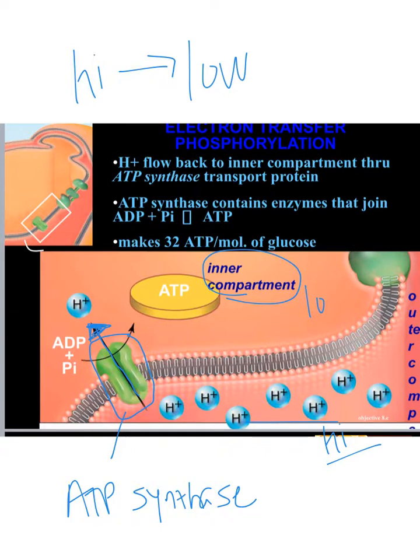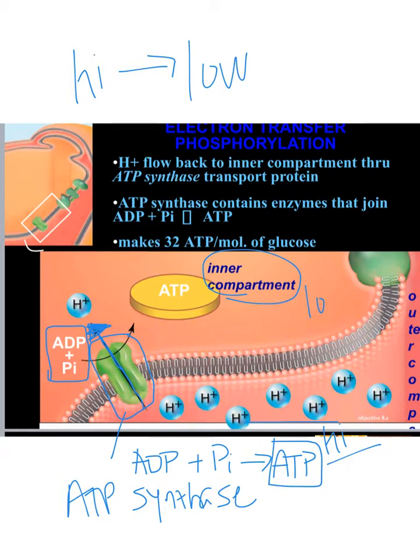So hydrogen ions are going to flow through this enzyme to sort of even out the concentration gradient. As they flow through, they cause this reaction to take place: ADP plus a phosphate. So we have adenosine diphosphate plus an additional phosphate yields ATP, adenosine triphosphate.